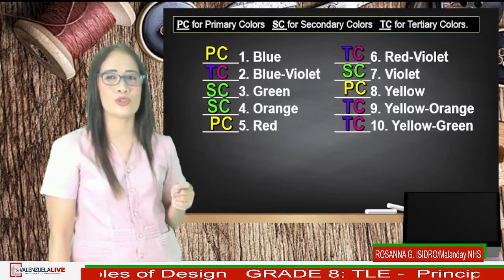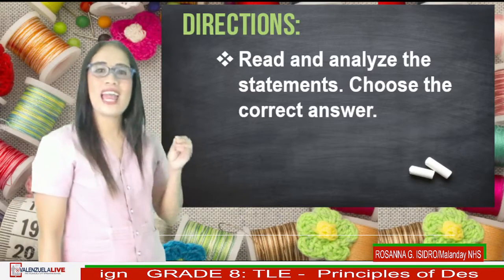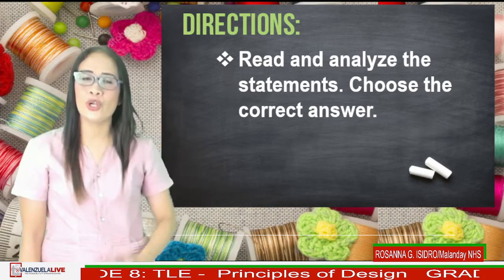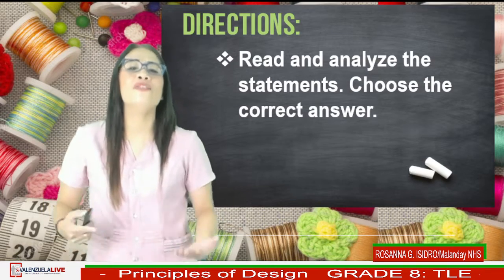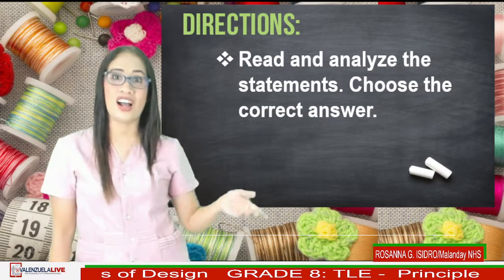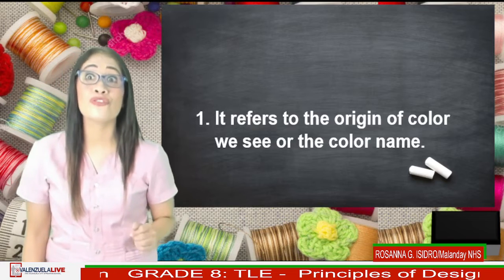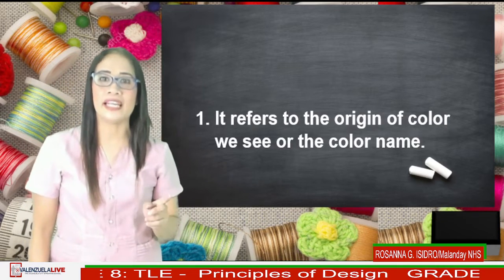Additional activities for the direction. Read and analyze this statement. Choose the correct answer. You only have 5 seconds to answer every question. Let's get it on! Number 1. It refers to the original colors we see, or the color name.